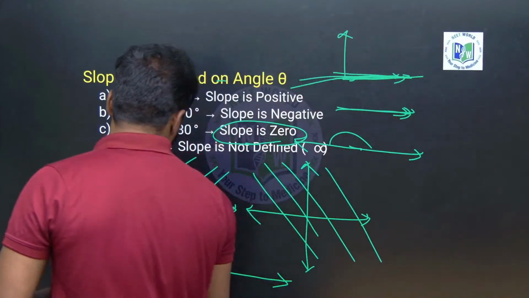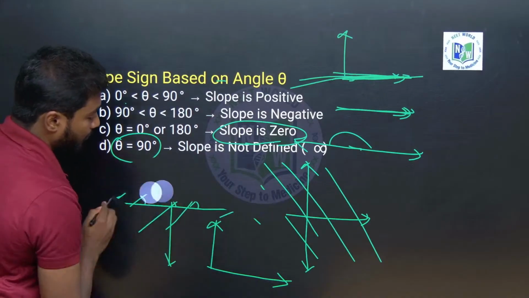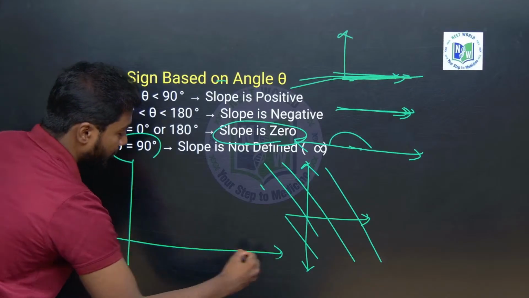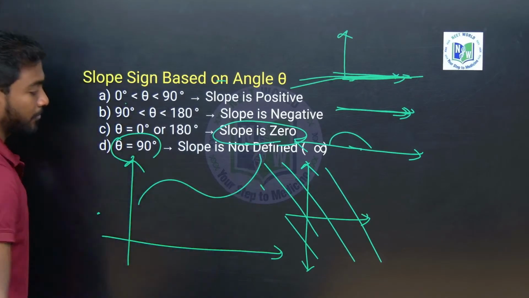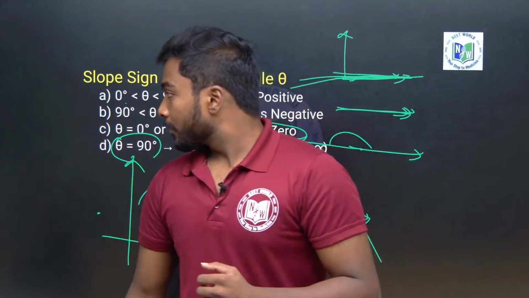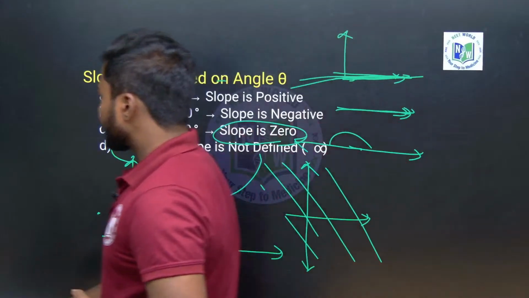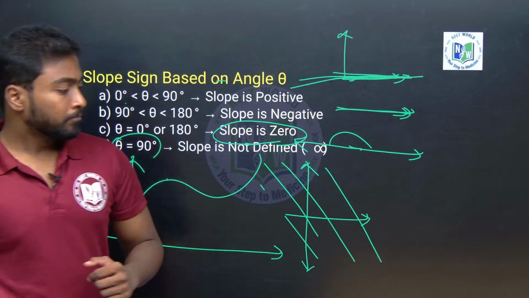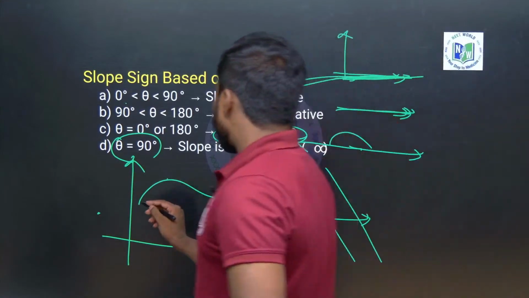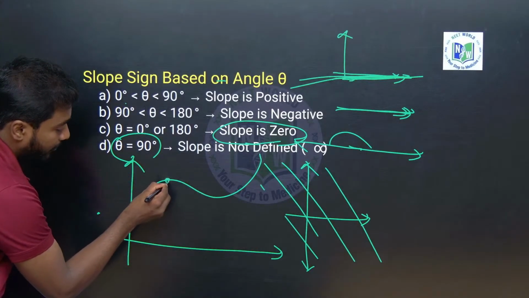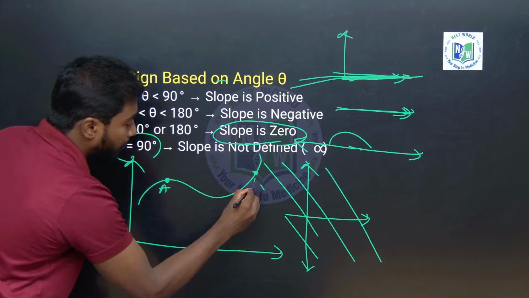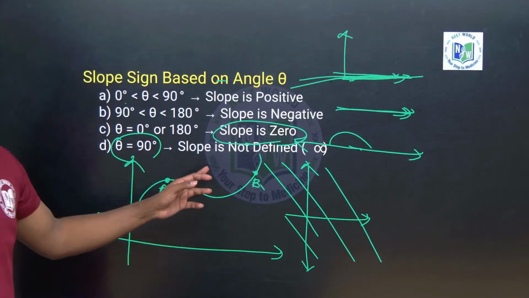Let me draw a graph here. If I want to find what the slope is, if I take a point exactly at this point and this point, A and point B, can you say what the slope is, either positive or negative?